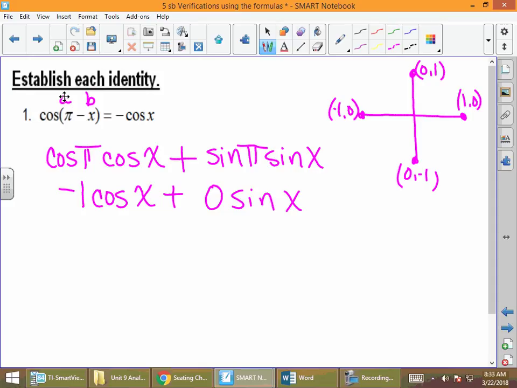And we get negative 1 cosine of x, which is really negative cosine of x. And on our other side here, we get negative cosine of x. So we have to go back and remember our values on the unit circle to be able to verify these. But at least on this particular one, it was a lot shorter than what we've been dealing with before.